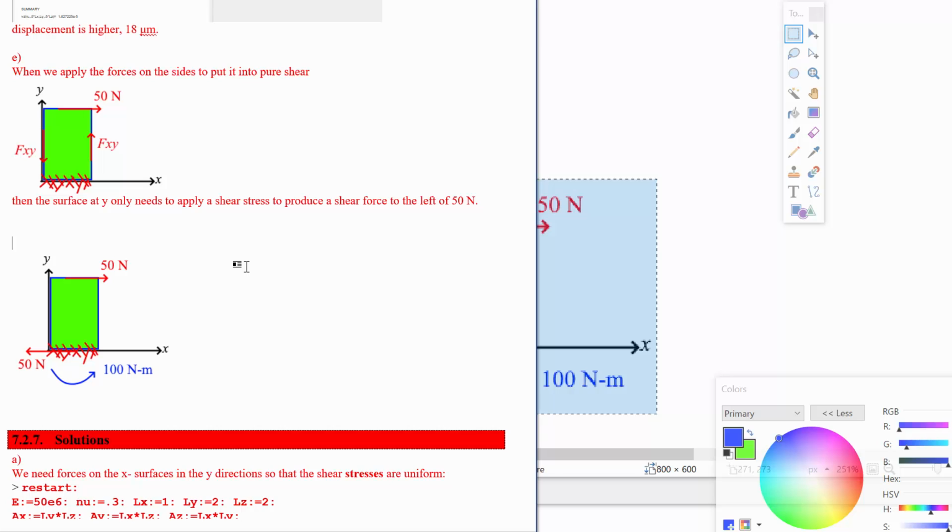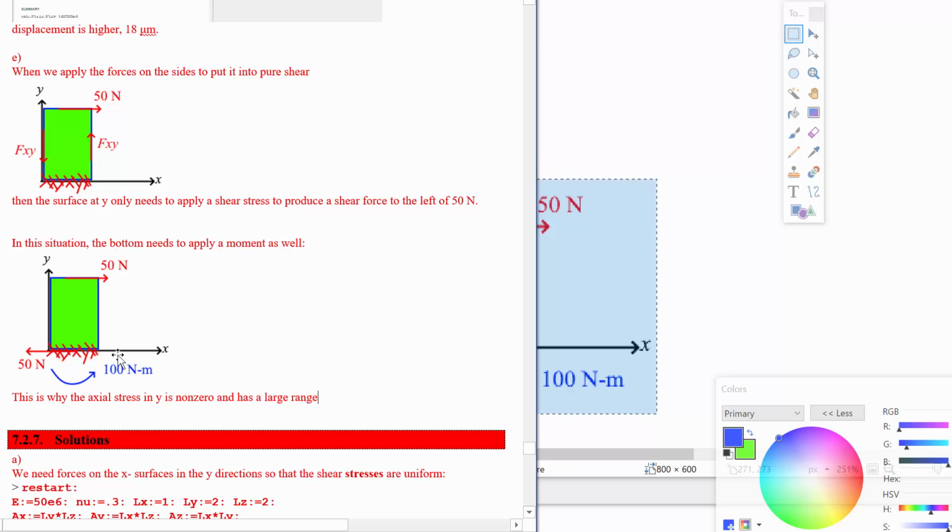But in this situation, the bottom needs to apply a moment as well. And that means this is why the axial stress is non-zero and has a large range.